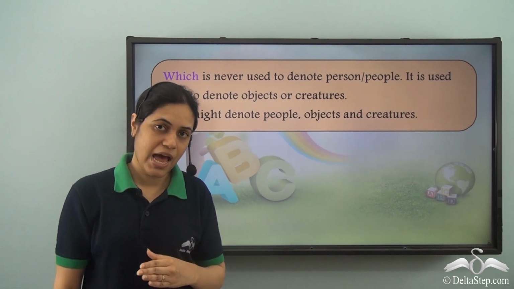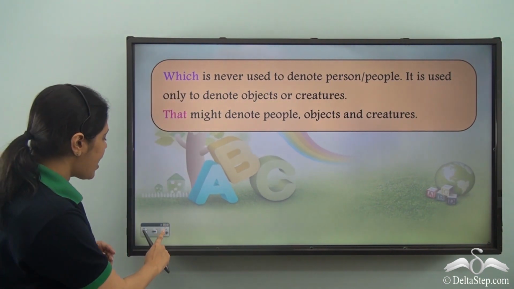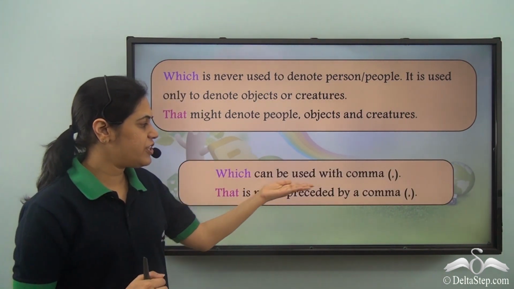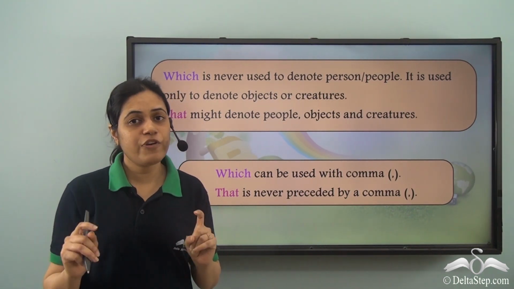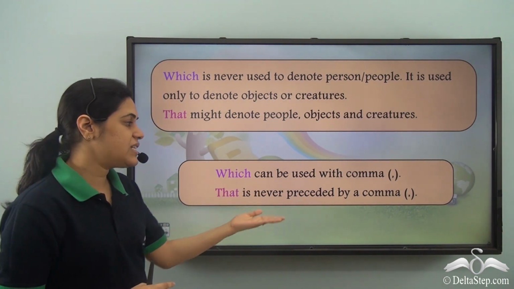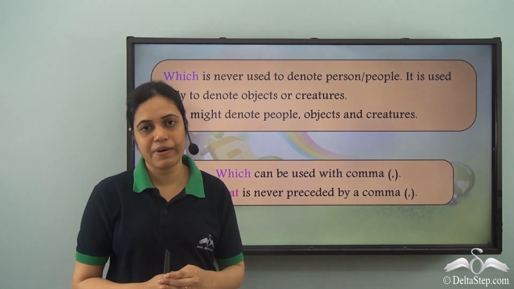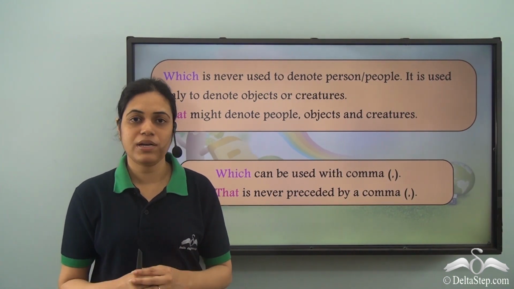It can be used for animals or things or objects. Another difference is which can be used with commas. So as we had seen, which can be used along with commas, but that is never preceded by a comma. We can never use that with commas.